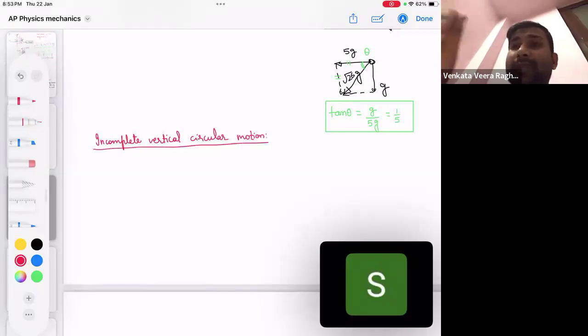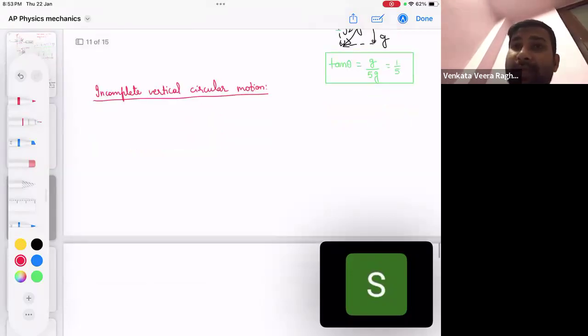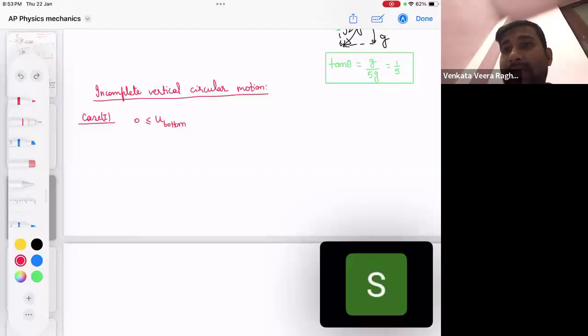Let me discuss with you. First one, velocity given at the bottom point is less than root 5 GL, but it is even less than root 2 GL.